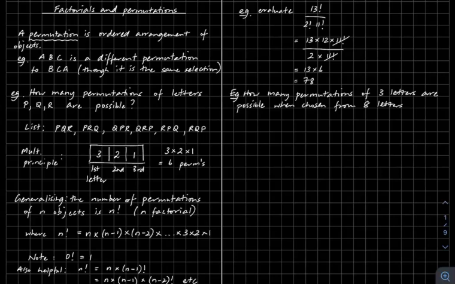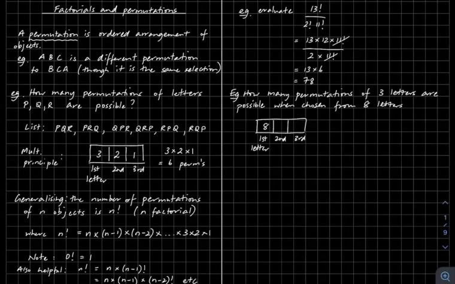If we've got 8 letters of the alphabet to choose from, and we're trying to choose 3 of them, so again, we could think of choosing our first letter, our second letter, and our third letter. So if I've got A, B, C, D, E, F, G, H, the first letter I choose, there's 8 possibilities to choose from.